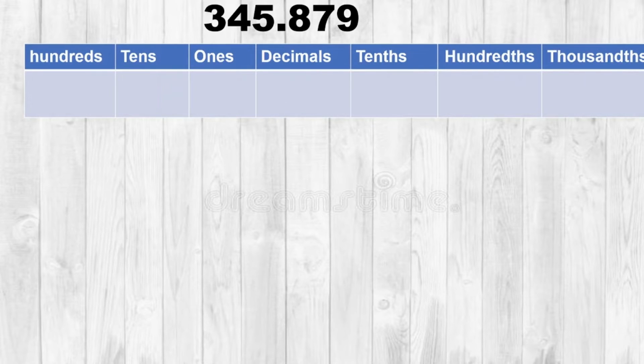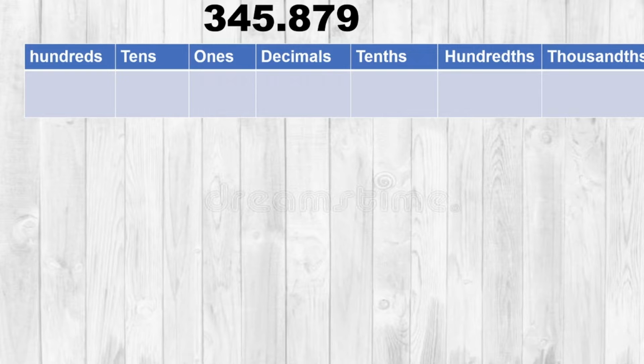So, let's look at the place value of each of these 8, 7, and 9: the place value, the value, and how it can be written in decimal form or in letters. So, we will make a table where the place value of each number is indicated. So, we will place them in their place values.